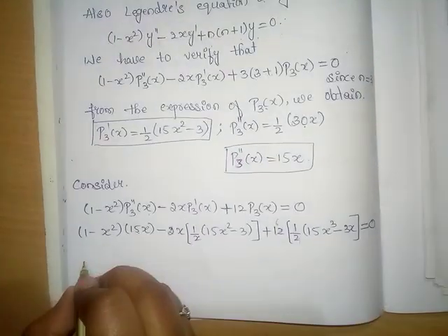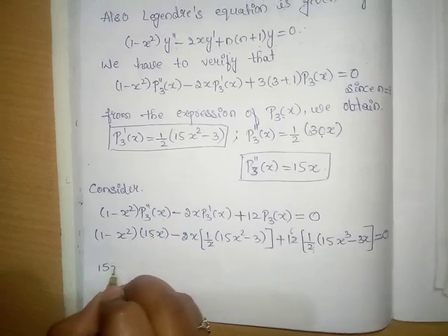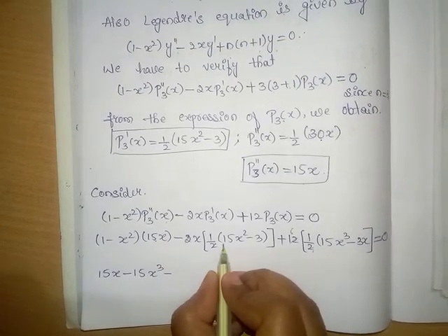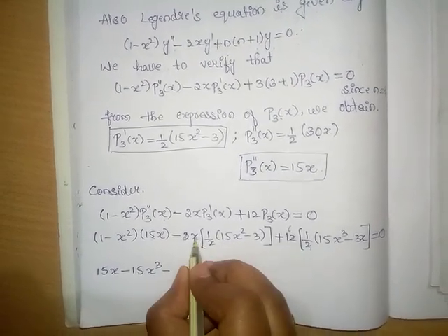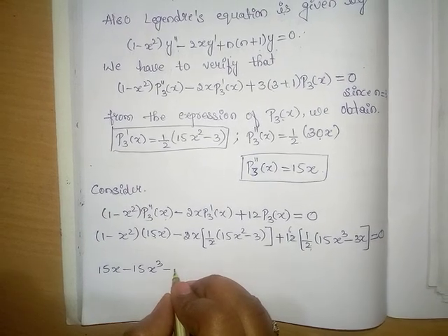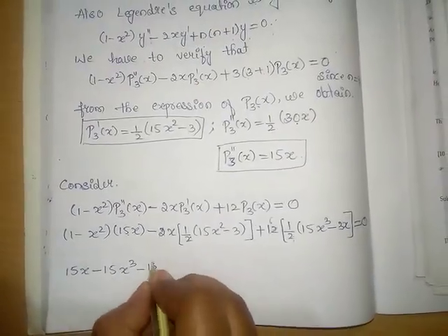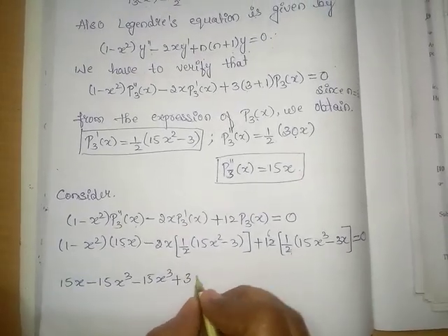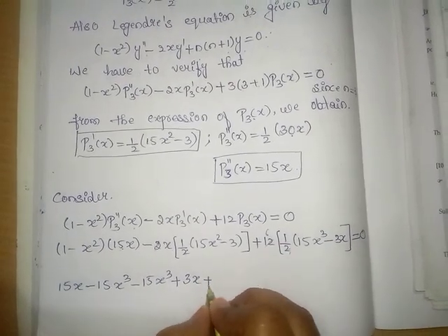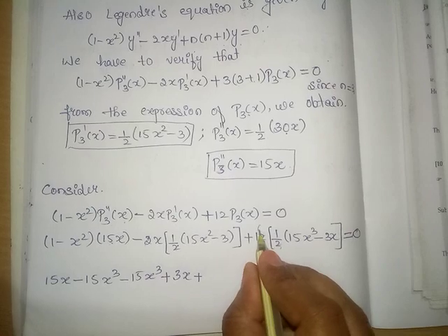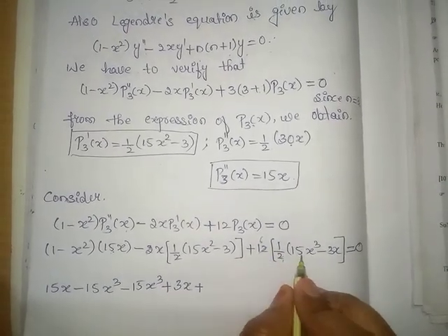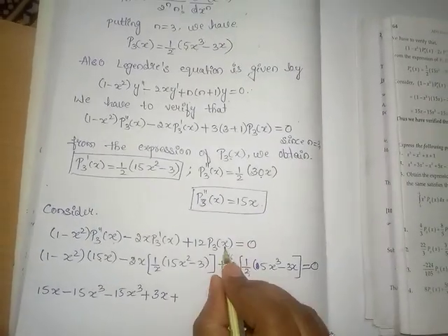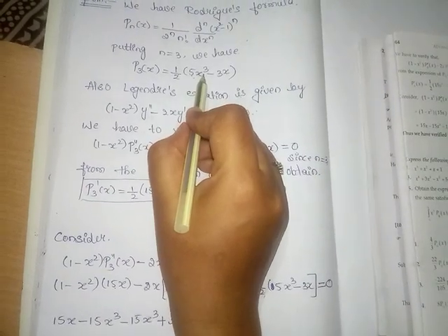It will be 15x minus 15x cube, minus, here 2 gets cancelled, 15x square into x is 15x cube, minus into minus plus 3x, plus here 2 1s are 2, 6s are 6 into, sorry, this is not 15, this is 5 because P3 of x is 5x cube, not 15x cube.